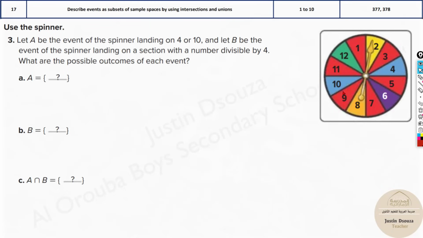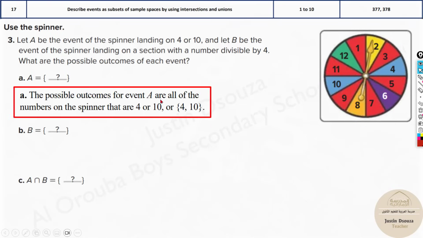Here we have been given a spinner and we need to find these given things. So let A be the event of the spinner landing on 4 or 10. Okay, what is A? 4 or 10, that's it. So that will be the answer, 4, 10. And what is B? Spinner landing on a section which is divisible by 4.